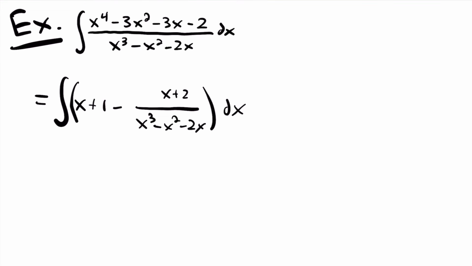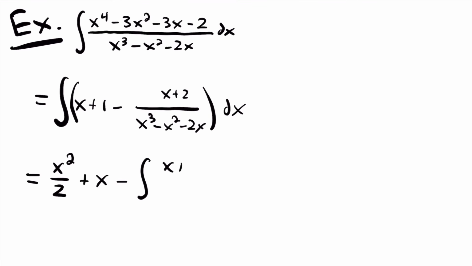Now these two terms right here are pretty easy to integrate, and so let's just do that real quick. This will be equal to the integral of x, which if we use the power rule of integration, we add 1 to the exponent and divide by the new exponent. So we have x squared divided by 2, and the integral of 1 is just x. So we'll have plus x, and then we will subtract the integral of this rational function.